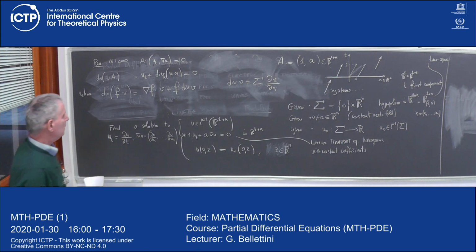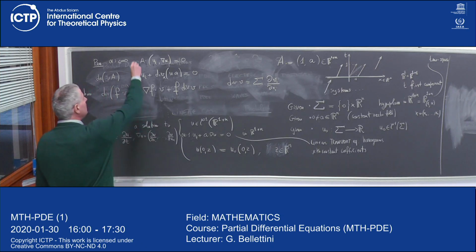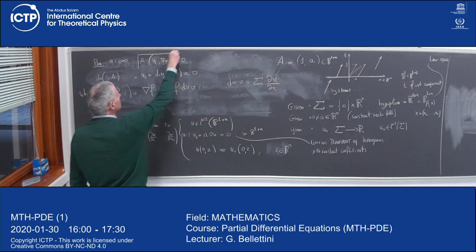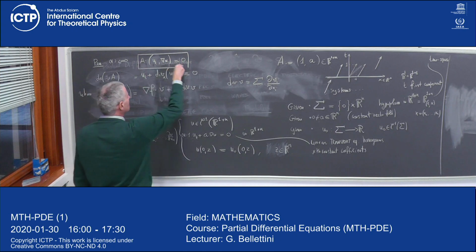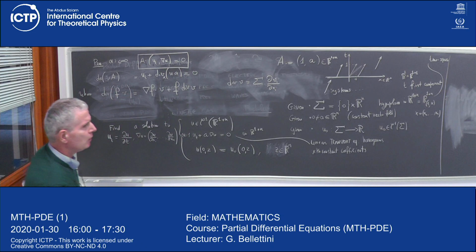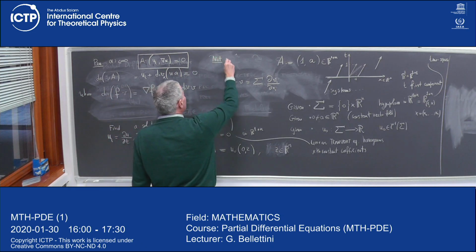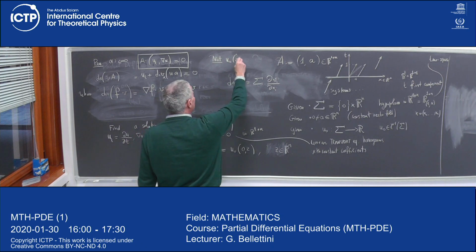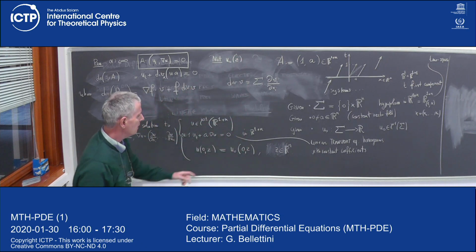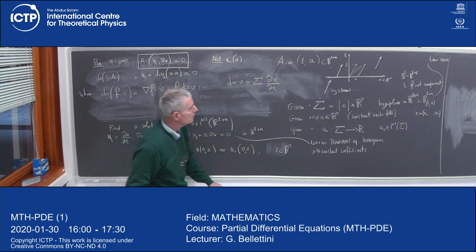Nice. Now let me come back to this formulation. Maybe some notation. I will write u0 of z instead of u0 of (0, z), for simplicity.